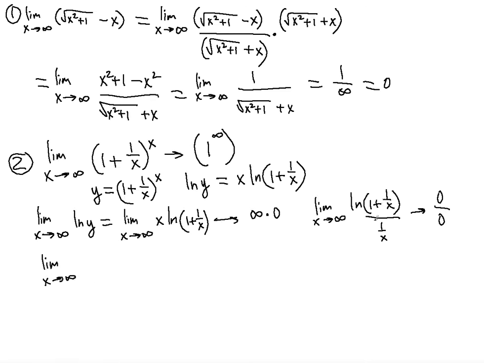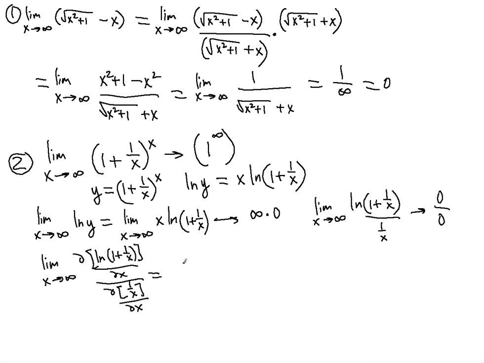Okay, so let me indicate that we're going to take the derivative first. The derivative of ln of 1 plus 1 over x with respect to x, over the derivative of 1 over x with respect to x.